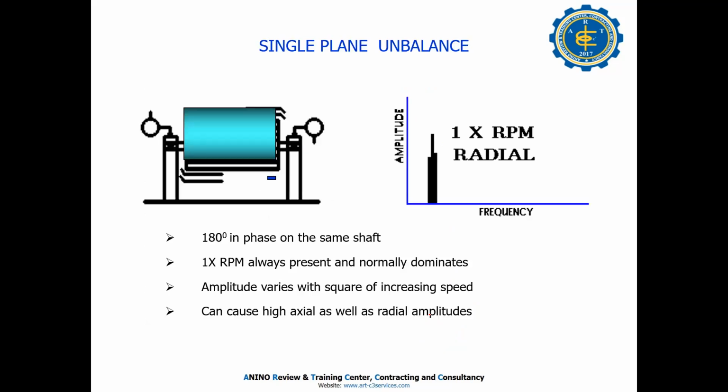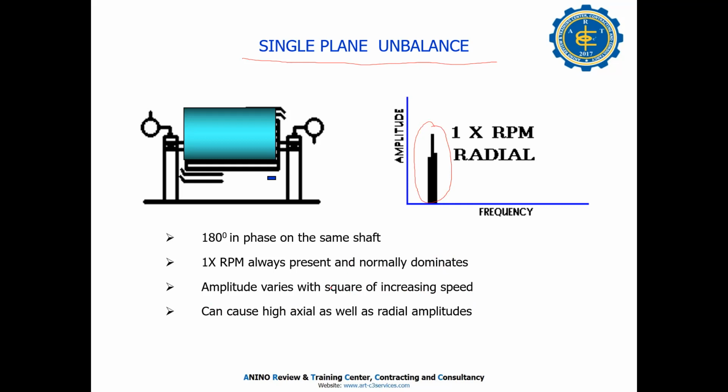Okay, we will start with the single plane unbalance. For the single plane unbalance, we have 180 degrees phase on the same shaft. One time RPM is always present, and normally 2 minutes. Amplitude varies with the square of increasing speed.